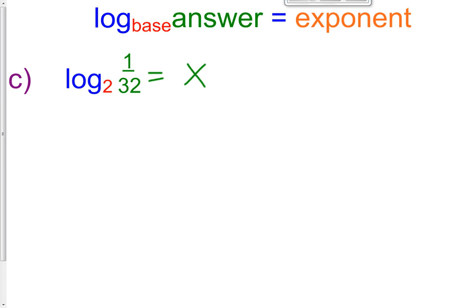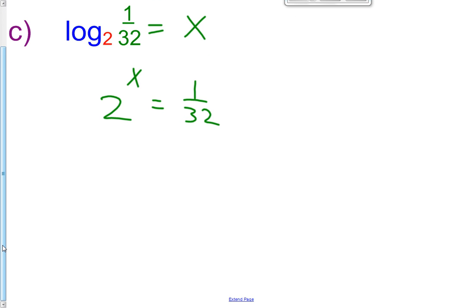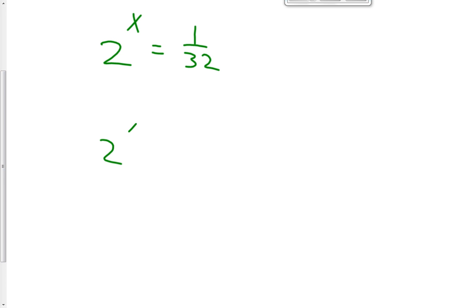Once again, we have to find what x equals, so we're going to change this into exponential form. 2 raised to the x power equals 1/32. So that's exponential form. Now let's solve. Let's get common bases. So we're going to have 2 raised to the x equals 1 over 2 to the 5th, because 32 is the exact same thing as 2 raised to the 5th power.